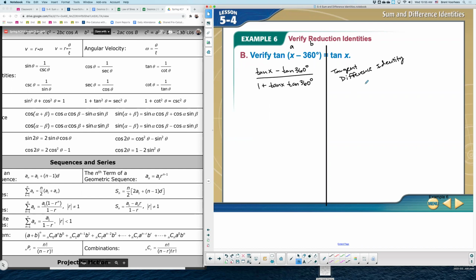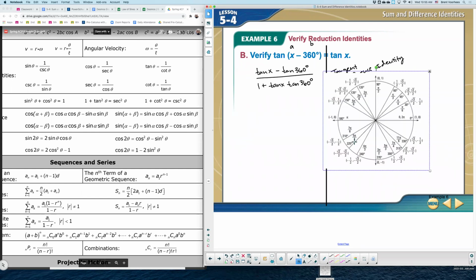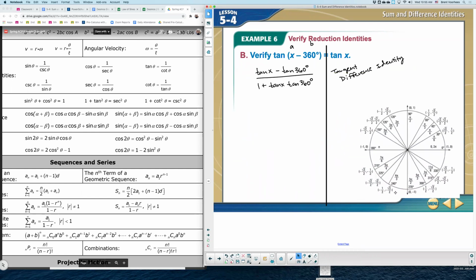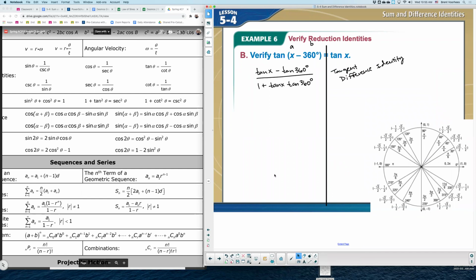All right, now let's get our formula chart here so we can do some algebra. 360 is also right here at 360, which is 0 over 1. So what I have is tangent x minus 0 divided by 1 over 1 plus tangent x times 0 over 1.